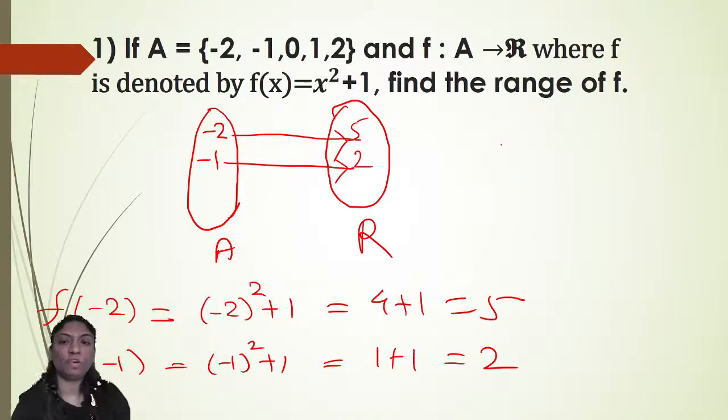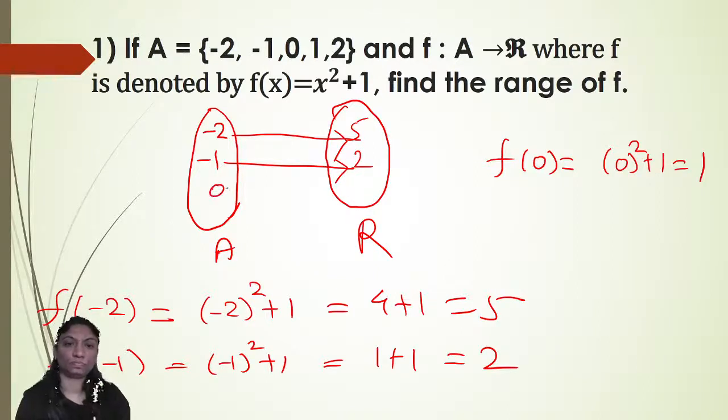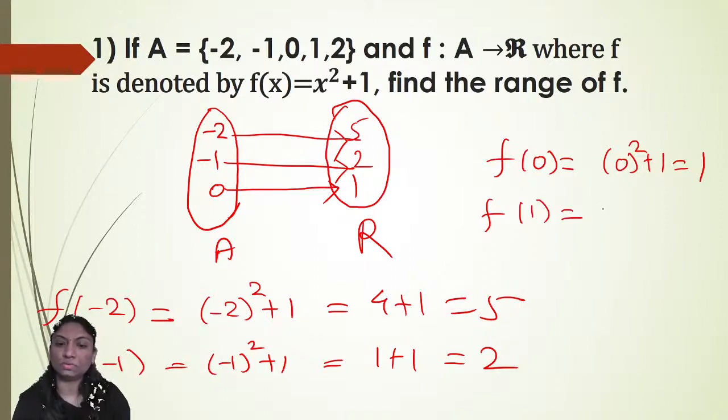Okay. Then f of 0. 0 square plus 1, that is 1, right? Now f of 1 is equal to 1 square plus 1, that is 2.